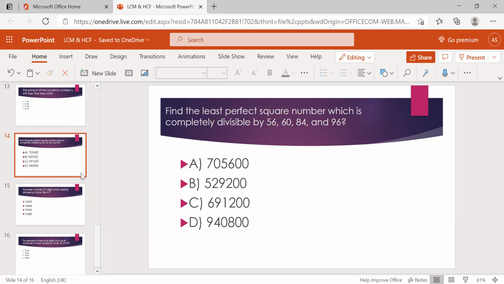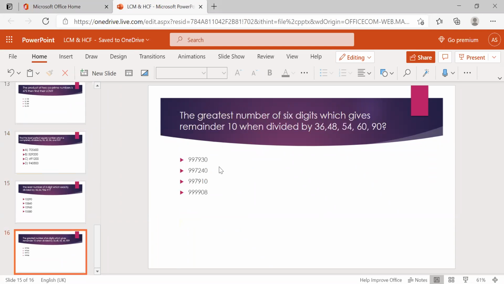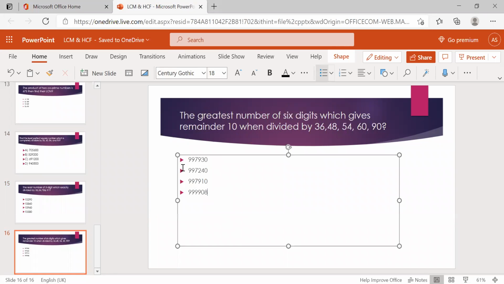Find the greatest 6-digit number which gives remainder 10 when divided by 36, 48, 54, 60, 90. Then see here. If the remainder is 10, you just subtract the remainder 10 here.